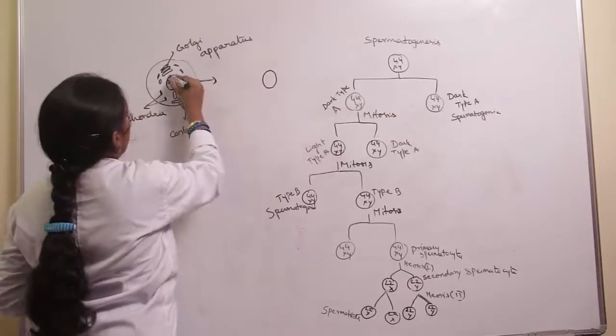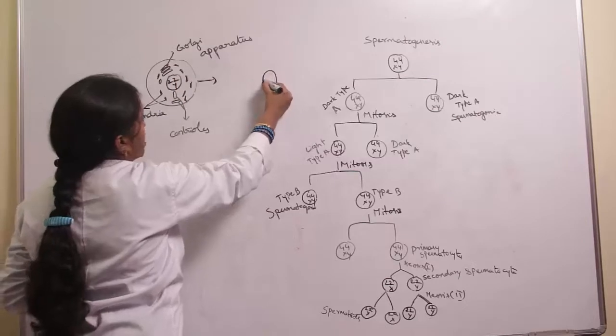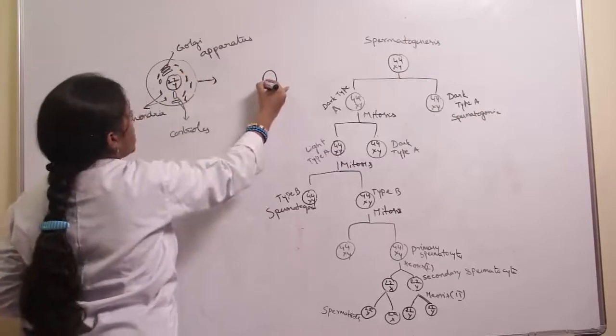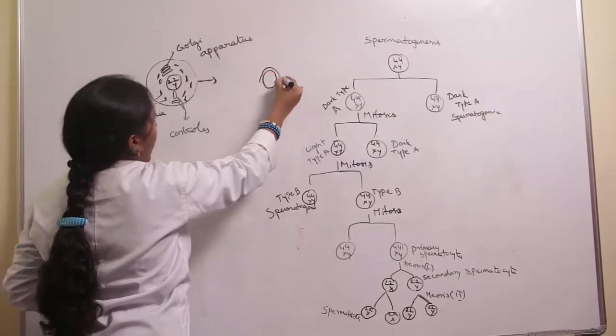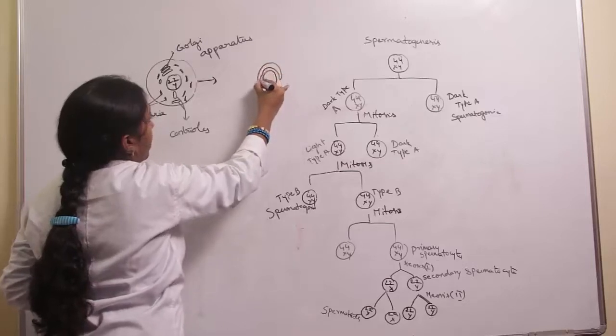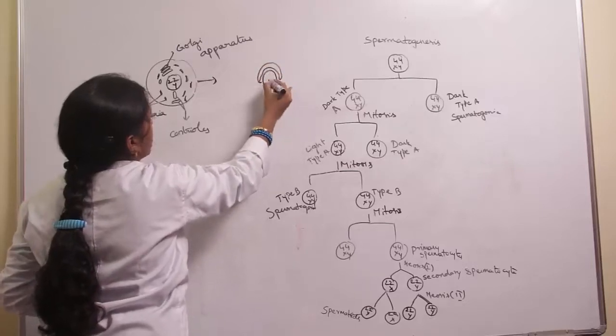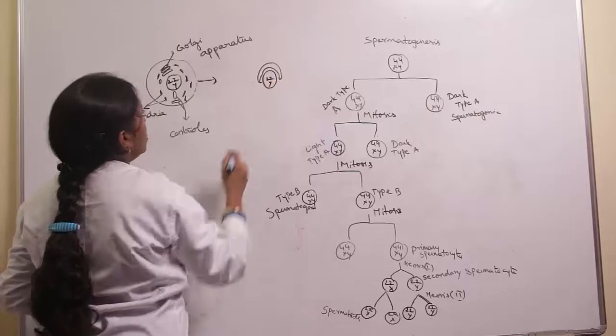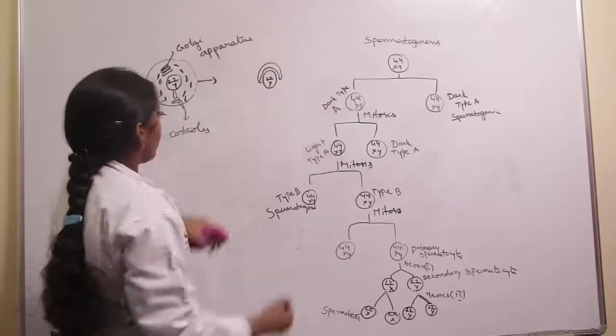Here the nucleus forms the head of the sperm, and the Golgi apparatus forms the acrosomal cap, which covers two-thirds of the head of the sperm.